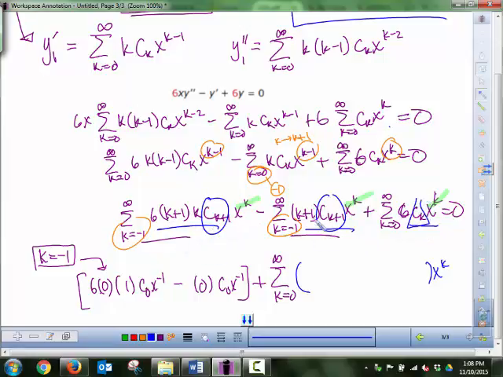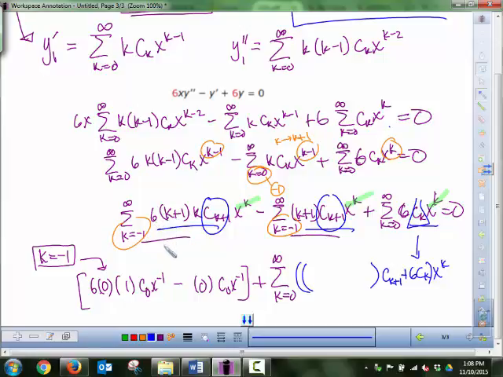So I'm going to take the first two, combine them within this parentheses, and then I'm going to take 6c sub k here. So these two I'll combine with c sub k plus 1 separated or factored out.